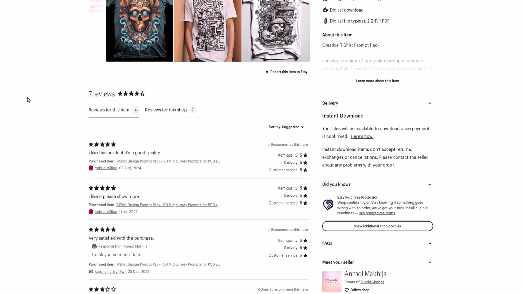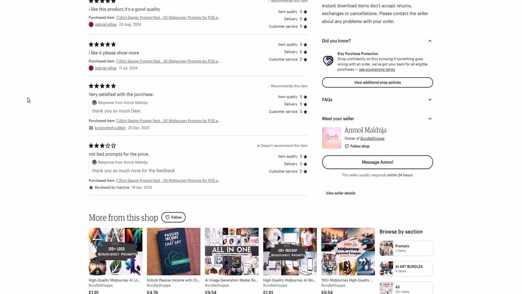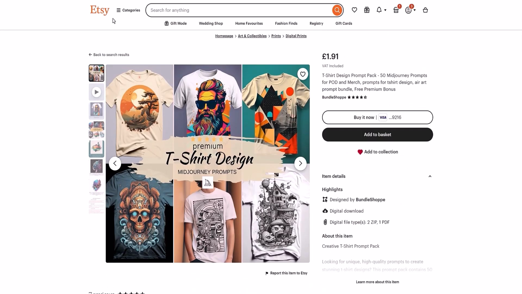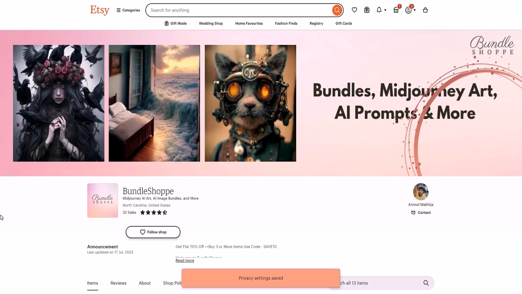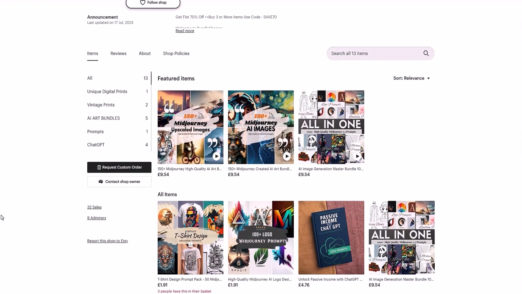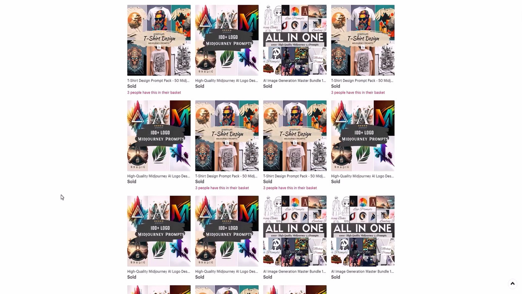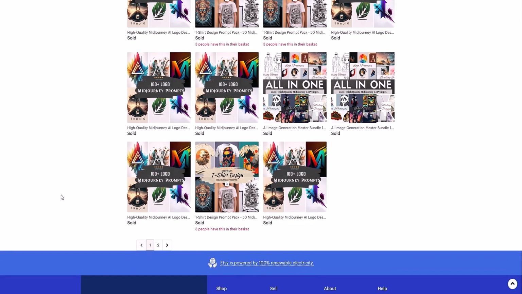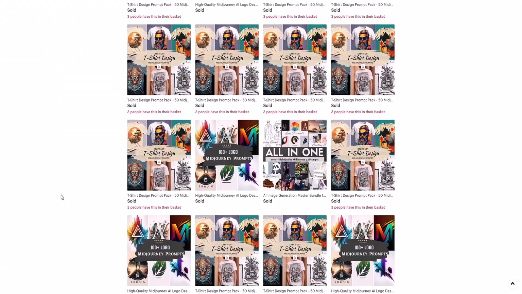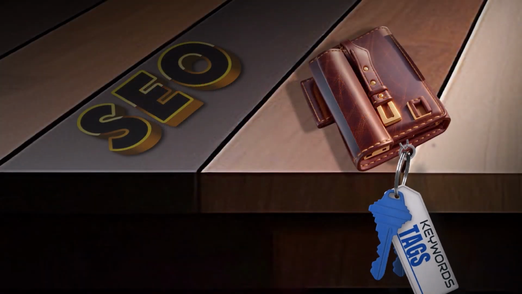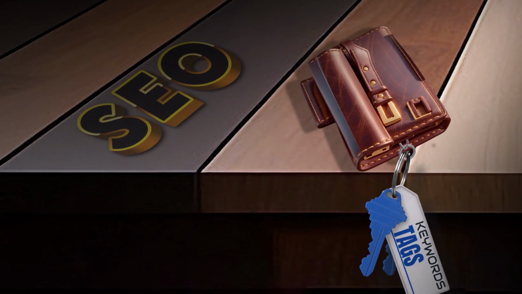First, we'll focus on the number of reviews. Then, we'll check if they have sales and how many. We can also find out which tags and keywords the shop owner uses.